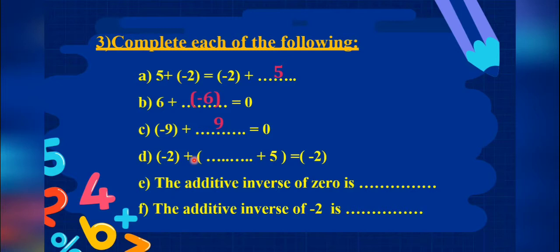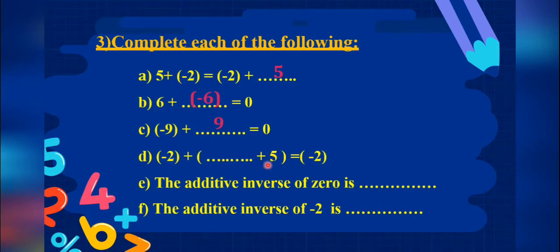Number D, -2 plus, between brackets, a space plus 5, equals -2. So what is the number that I add to the 5 and then add to -2 so that the answer will be -2?